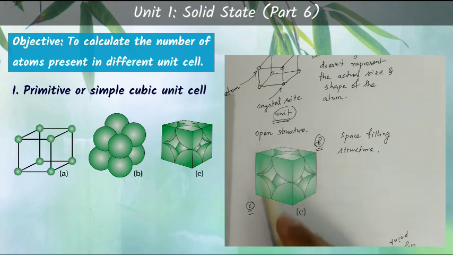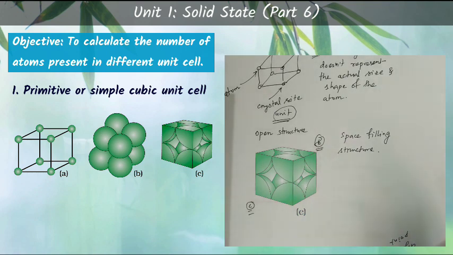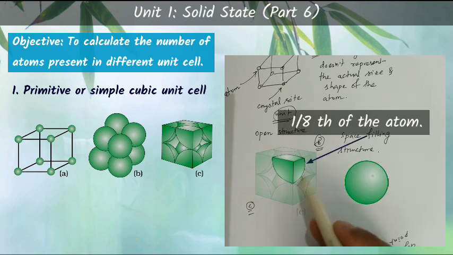Here I am taking this figure from your class book, the NCERT book. If you notice this part only, just 1/8 portion of that atom will be inside this unit cell. Similarly for the other atoms also.